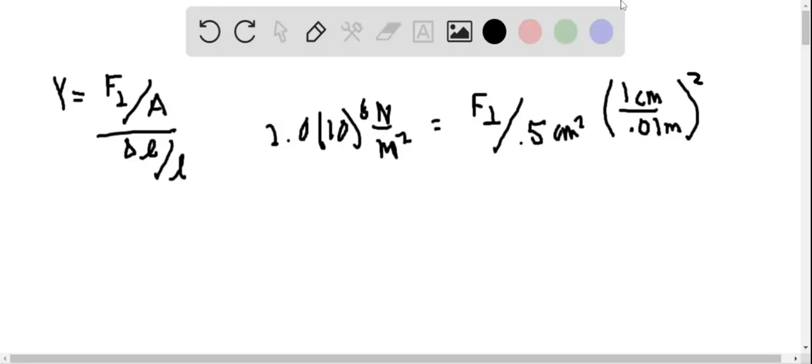We also have our ratio, the change in length over the length that was given here, and we take the reciprocal of that to bring it into the numerator. We found that we had 0.003 as a length in meters, all over 0.001 in meters.